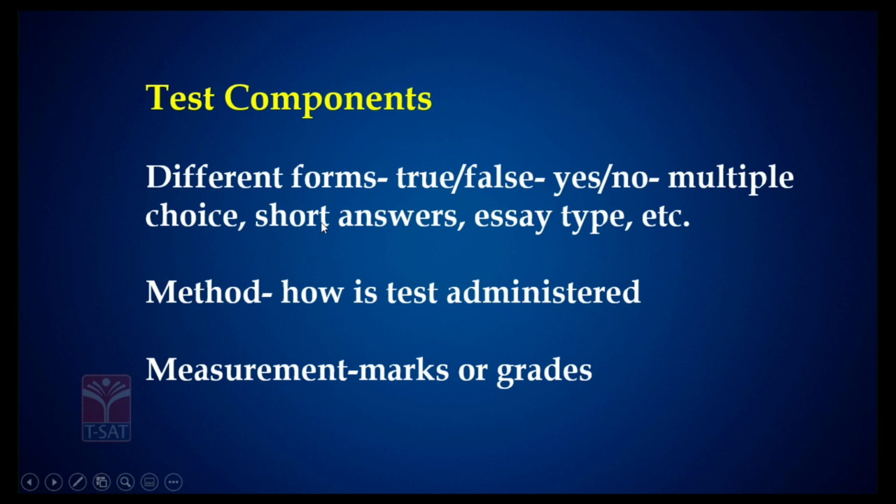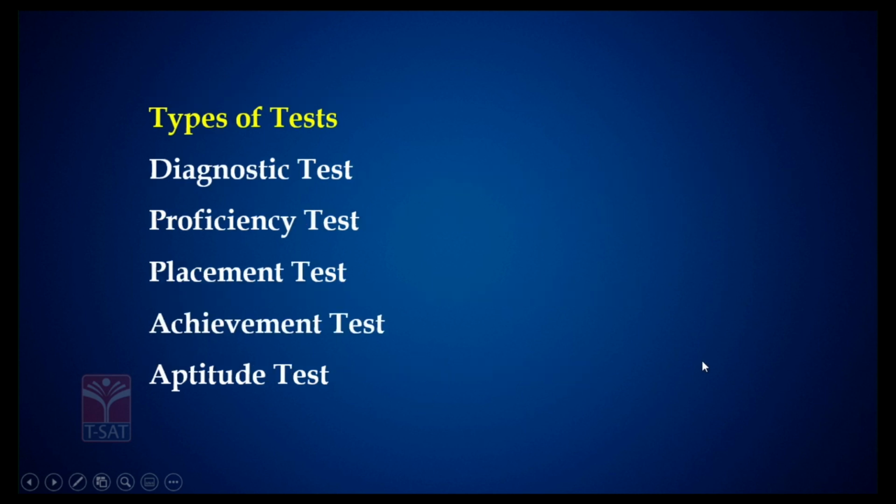We can have different forms like true or false type, yes or no type, multiple choice, short answer, essay type, etc. And method. How is the test administered? Is it paper based or online mode or individual or even take home test? And ultimate is measurement. The end of a test is nothing but marks or grades.